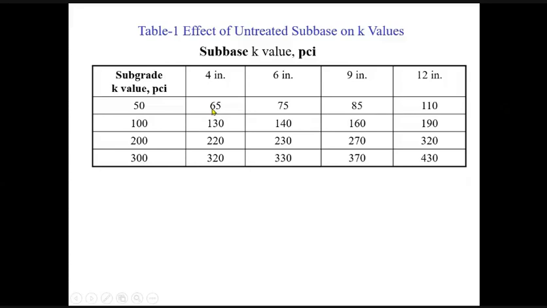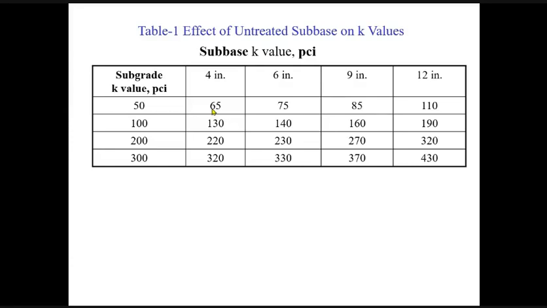Let me repeat one thing for you. When we design a rigid pavement, the subbase we already know or we already assume. So generally, we don't calculate the value of subbase in a rigid pavement design. It's already understood and you already take it.